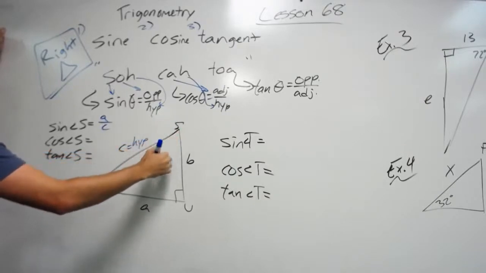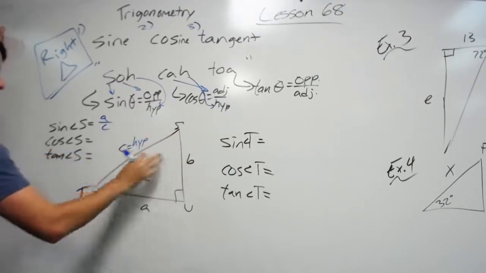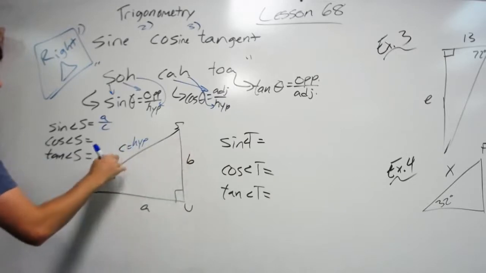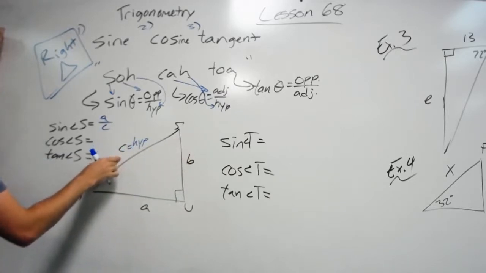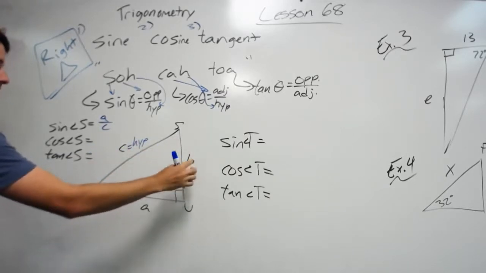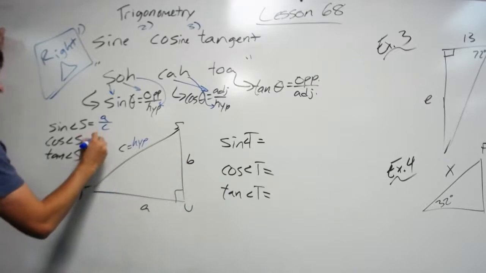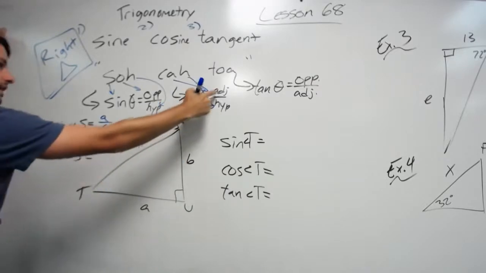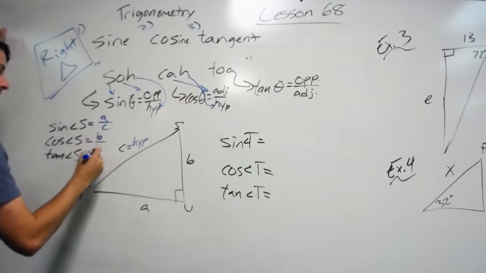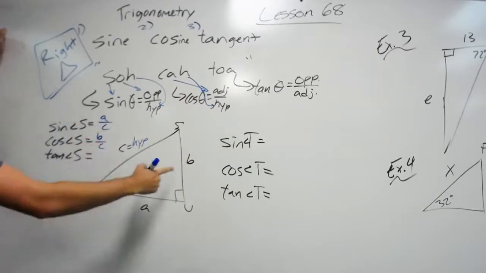Here's the deal: there are two adjacent sides, B and C. However, C is our hypotenuse, so by default that makes B our adjacent. So cosine equals adjacent divided by hypotenuse, so B divided by C.